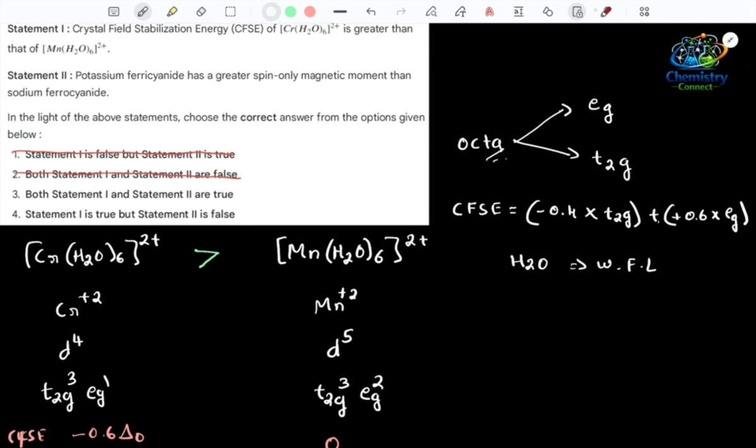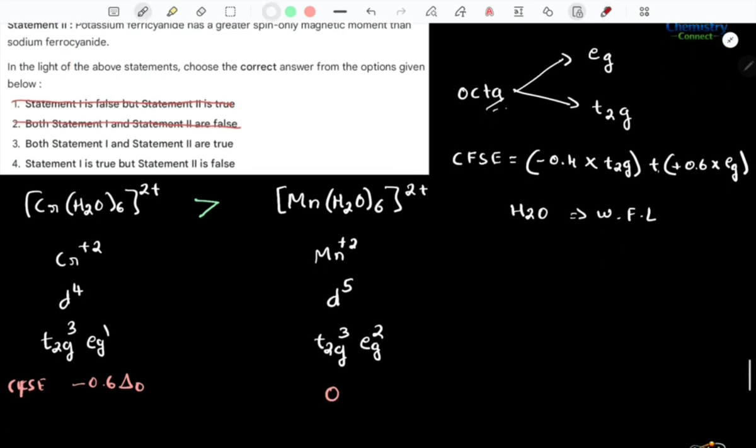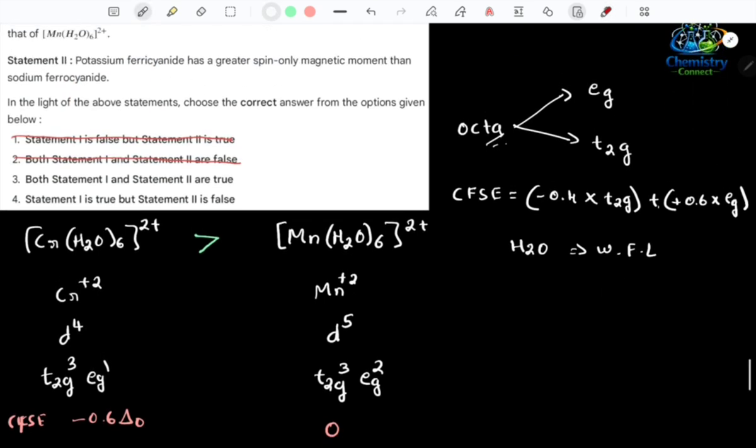They have specifically mentioned ferri, so the formula of potassium ferricyanide is K3[Fe(CN)6], and the oxidation state will be Fe3+.